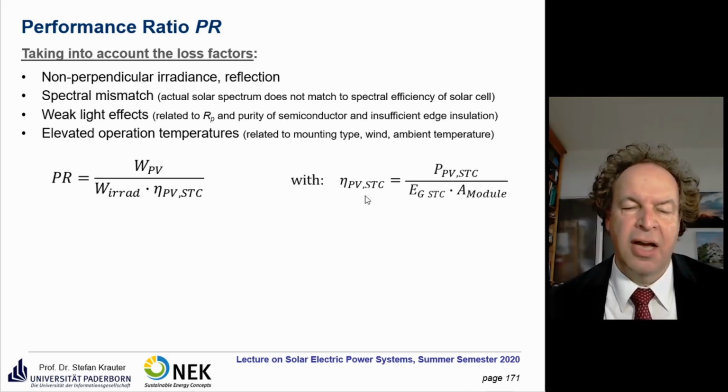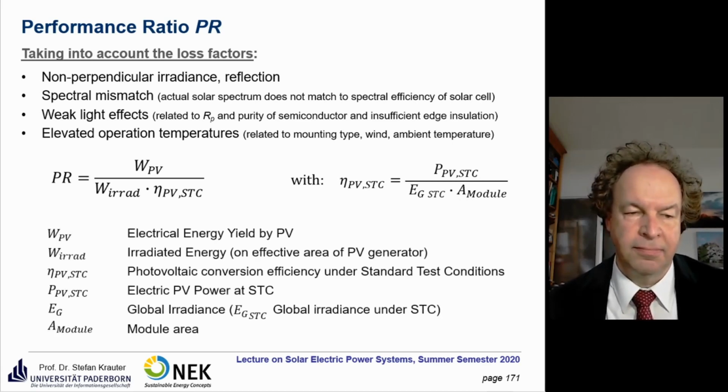So here the efficiency under standard test conditions is the power under standard test conditions. The irradiance under standard test conditions, you should know it's 1000 watt per square meter, times the area of the PV module. Again, that's the so-called performance ratio.